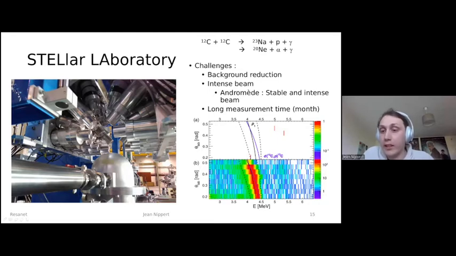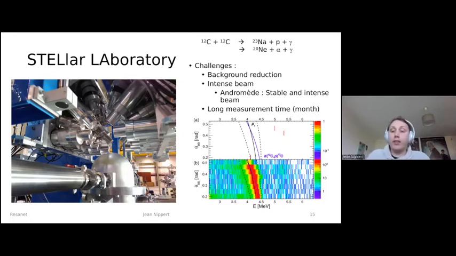You have the black line that is the proton line that we want to measure, and you have the second one, the blue one, that is carbon interacting with the deuterium of the water that contaminates the target. And at this energy, the reaction with the deuterium is really, really stronger than the signal from the proton line.